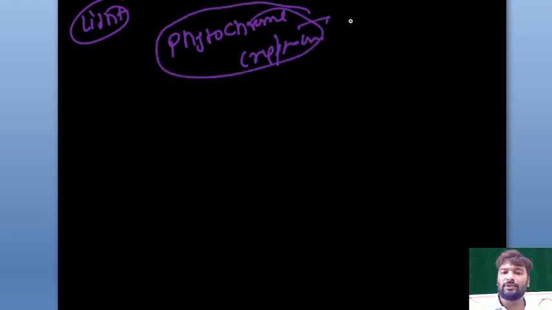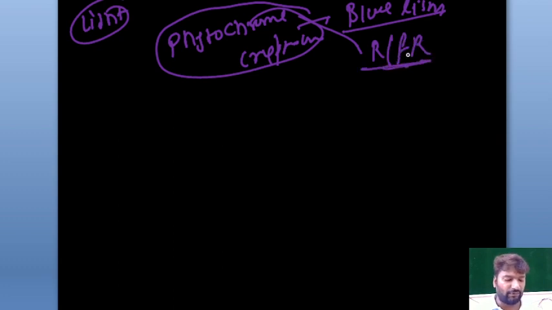Then light spectrum. You know that light is also one of the important factors to regulate the flowering process. And phytochrome and cryptochrome respond to the different light: for blue light there are cryptochromes, and for red and far red light there are phytochromes.